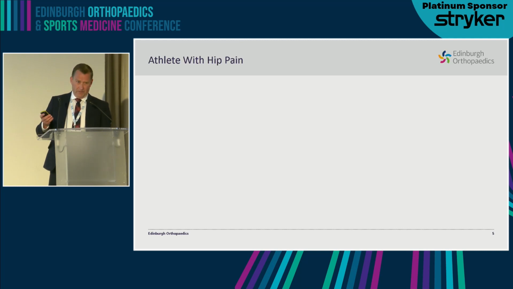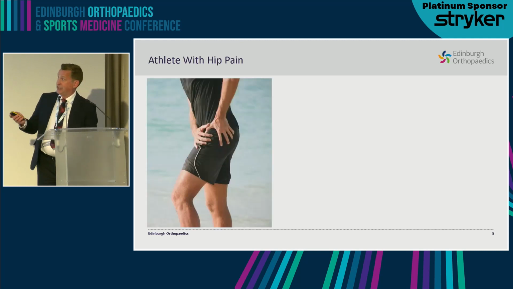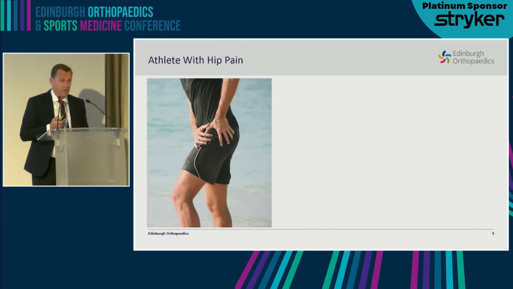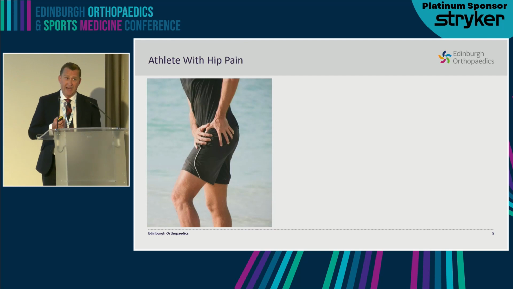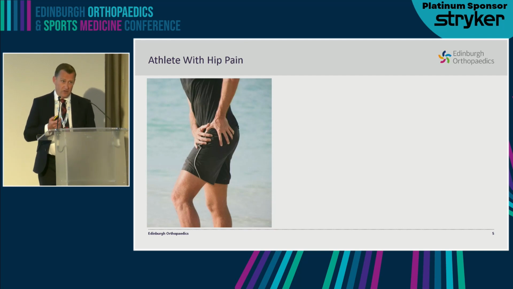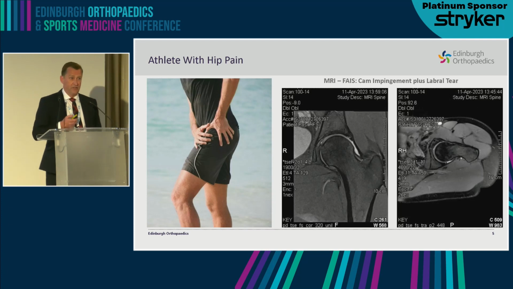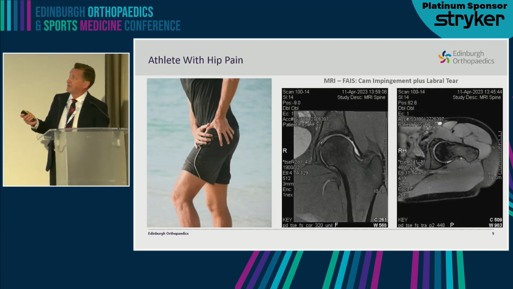So, we've heard about the clinical presentation. You see an athlete with hip pain. Here is the C sign. He's pointing mostly at the front. I would ignore these fingers on the back. And I entirely agree with Mark Saffron. If it's a pain in the butt, it's not a pain in the hip joint. Then, if you're lucky to have someone like Rowena, you might get these beautiful images.